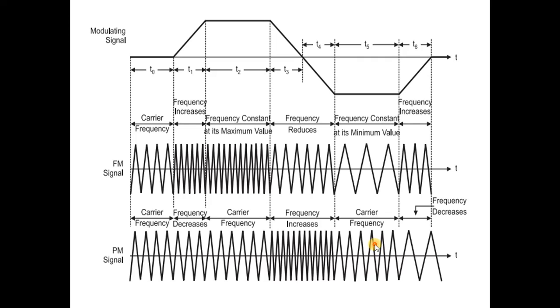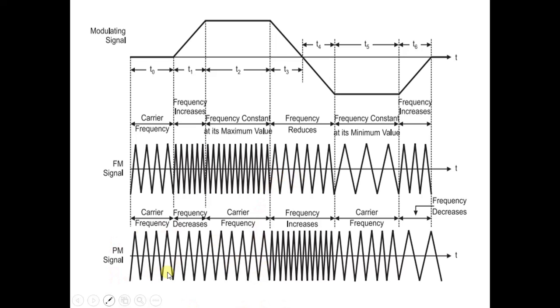with some phase shift. For phase modulation, at the peak amplitude points of the modulating signal, the maximum phase deviation takes place, whereas in FM, the frequency deviation is proportional only to the amplitude variation of the modulating signal, and it is independent of the modulating frequency fm.